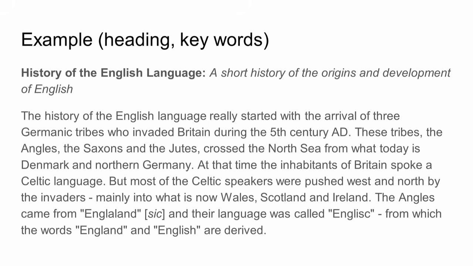The Angles came from England, and here is your square brackets, because why are we using square brackets here? Because this is not written by the author. Someone has inserted it just for the sake of revising. And their language was called English, from which the words England and English are derived.